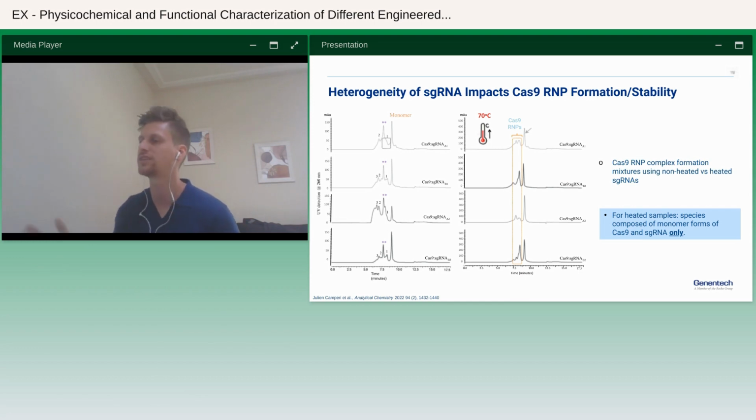And why are there different peaks? It could be some different conformation between the different Cas9 RNP, or sometimes it could also be one PTM from Cas9. For example, deamidation can impact the retention time with these HPLC methods.